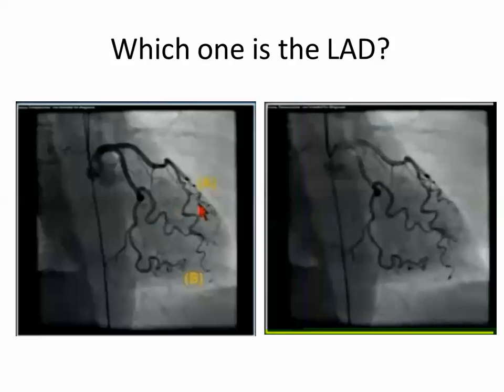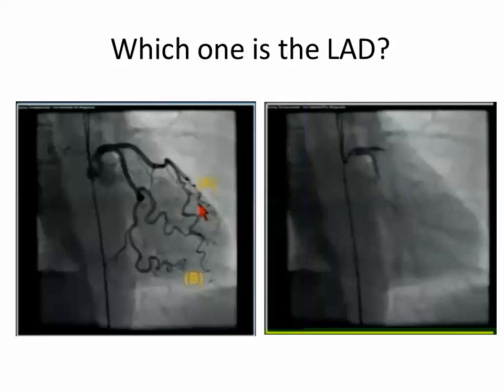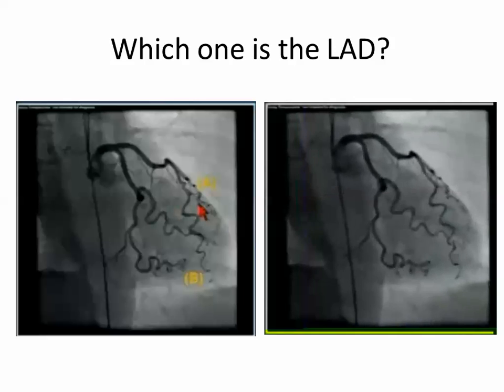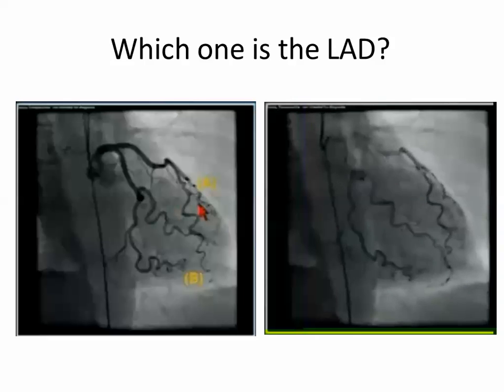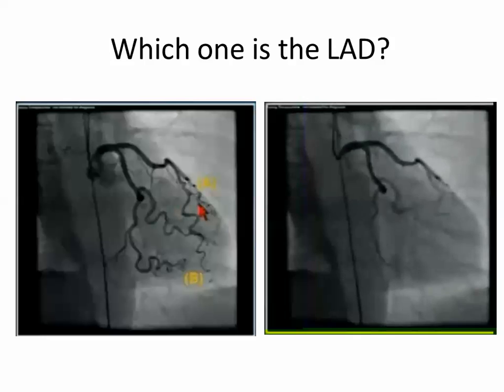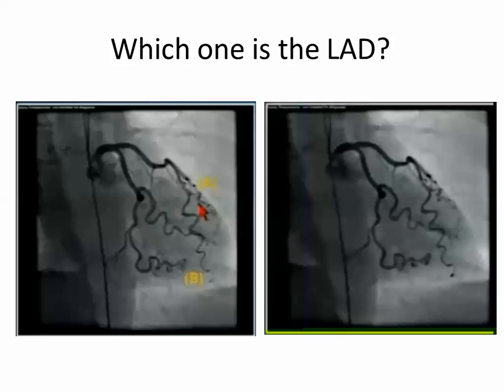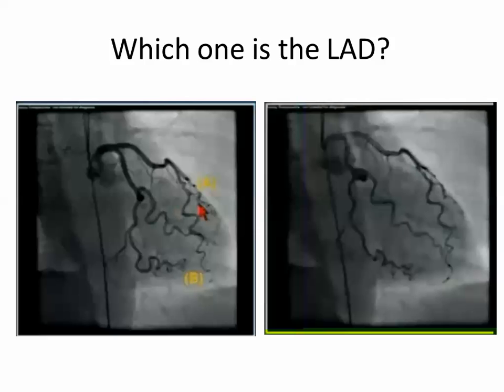You notice that? The LAD is kissing the OM. It's the only vessel moving in this direction, while the OM, PDA and diagonal are moving in this direction.